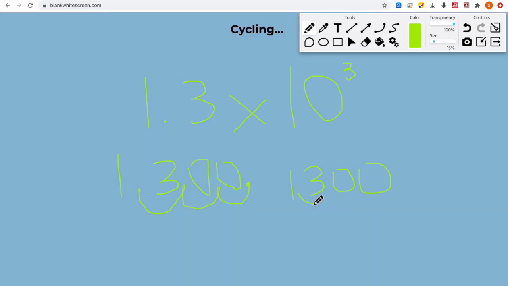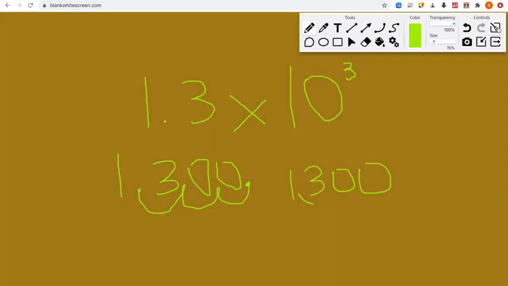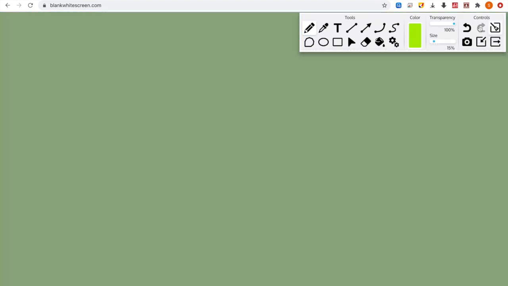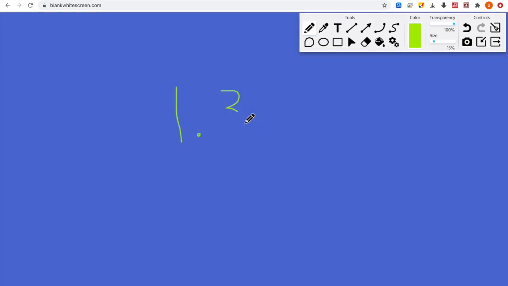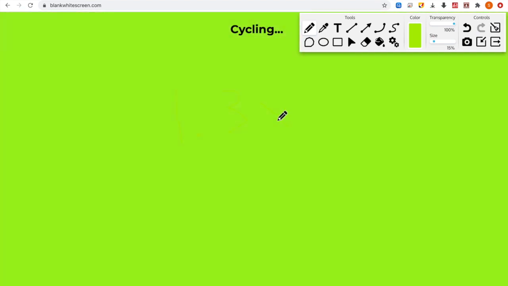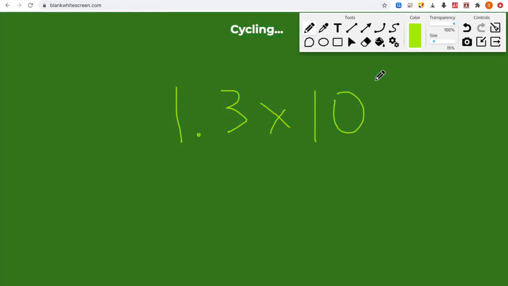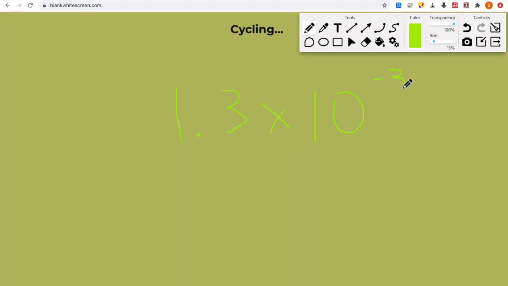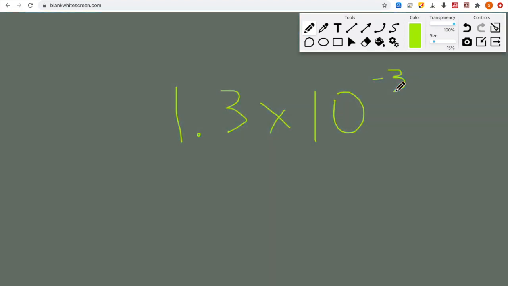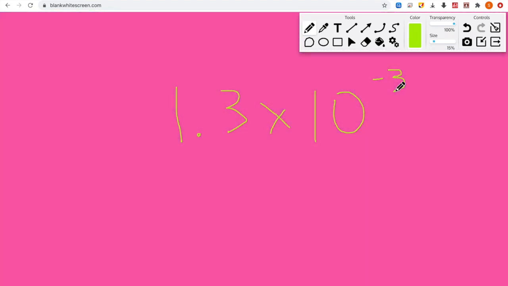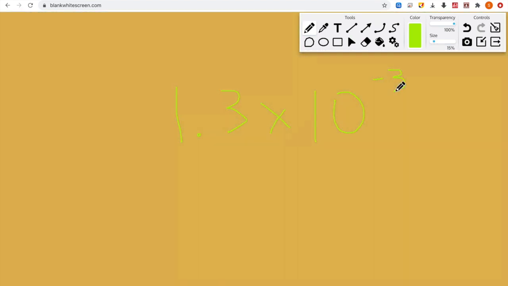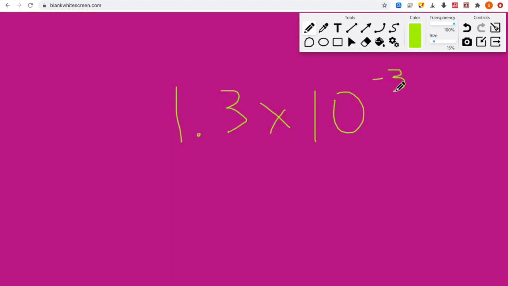Now I'm going to look at it the opposite way. Let's say I have 1.3 times 10 to the negative third. Once again, these are the rules for going from scientific notation to decimal form. If the exponent is positive, you move to the right.